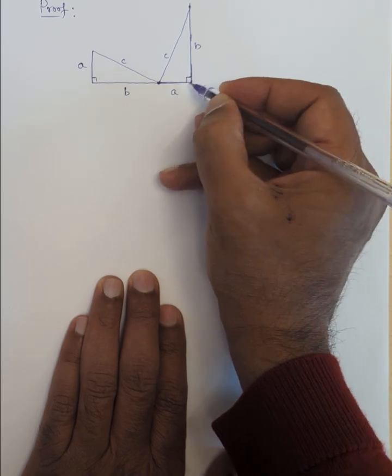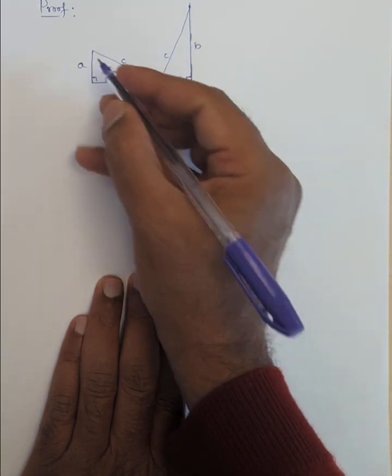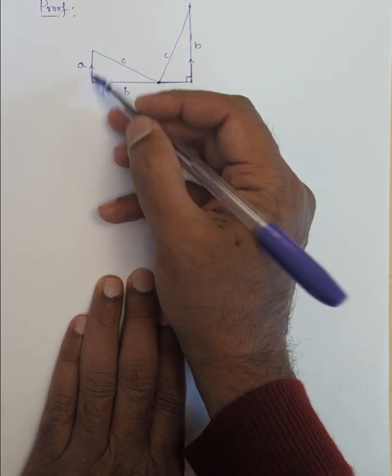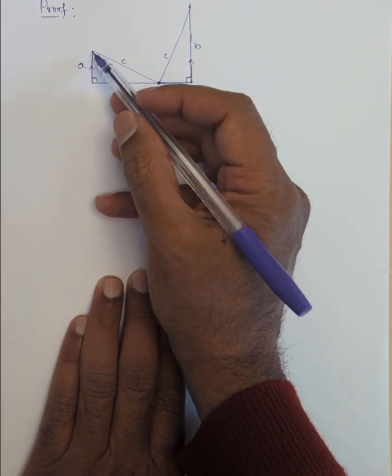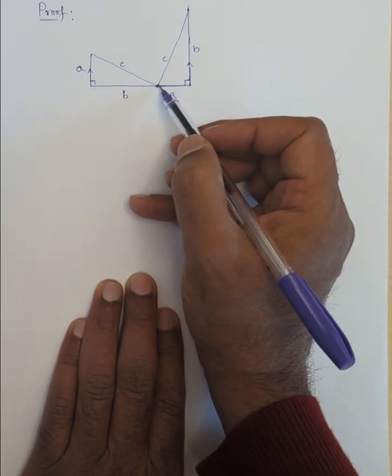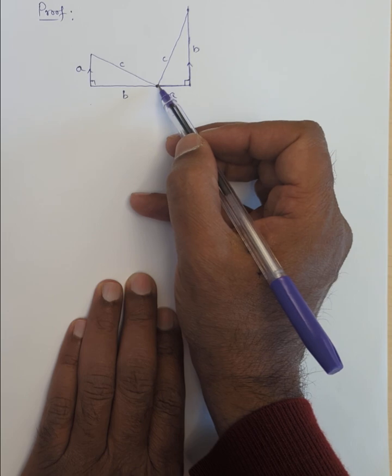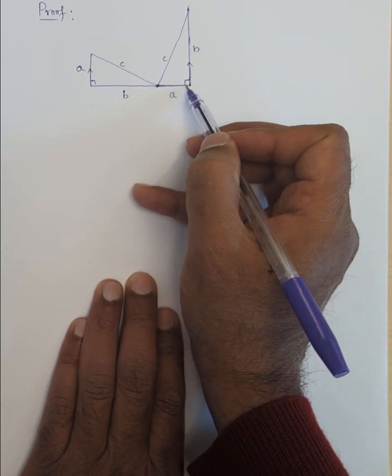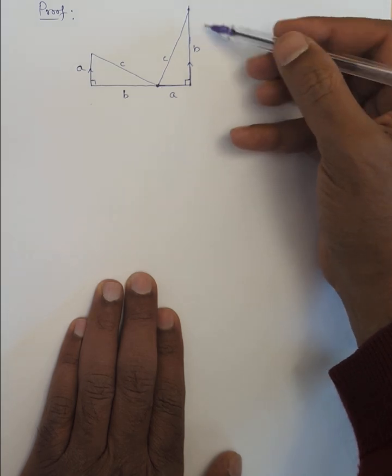So notice that these two are going to be parallel because they are vertical. For the first triangle, I chose vertical and horizontal for the legs. In the second triangle also, because I'm extending this, the base is horizontal and the height is vertical.